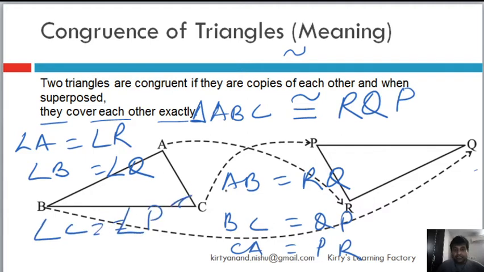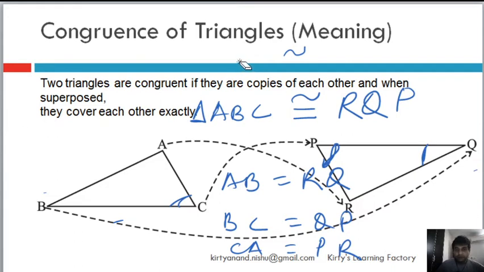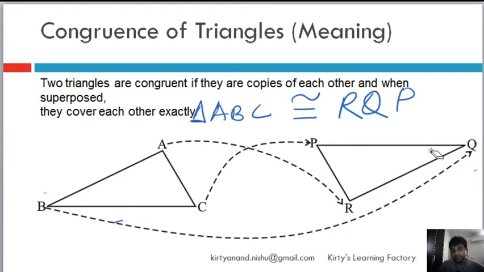So in congruency, for mathematical purposes, understand that if two triangles are to be congruent, all the three angles, angle 1, 2, 3, have to be equal to all the three angles here, and not only that, all the three sides will also be equal. Only then will two triangles be congruent.